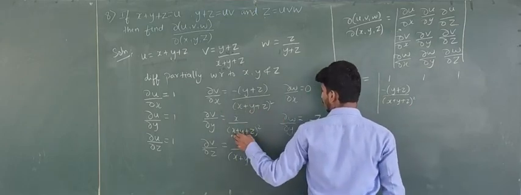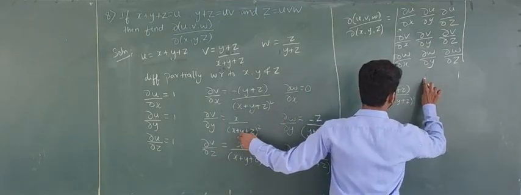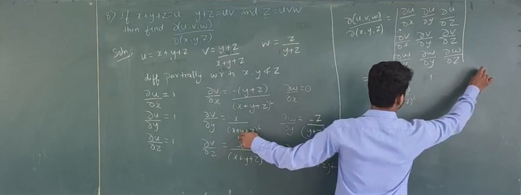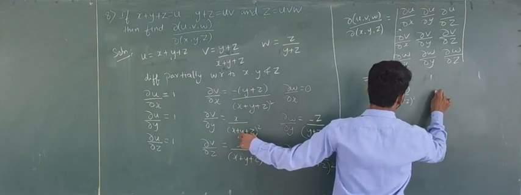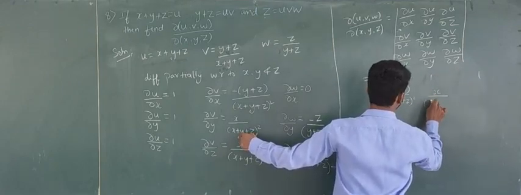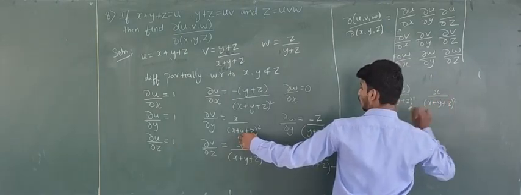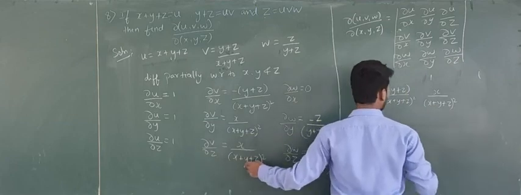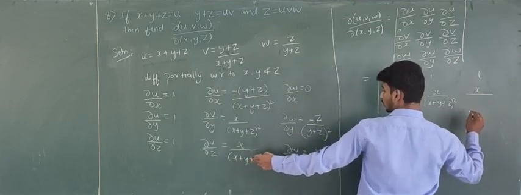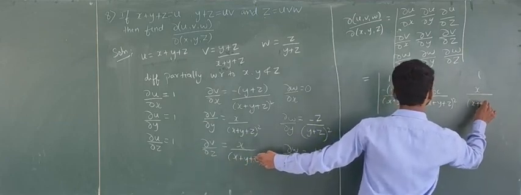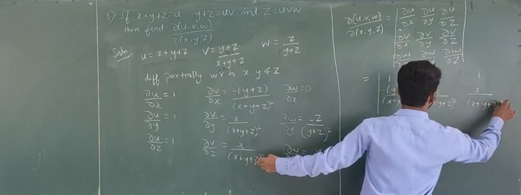Next, dou v by dou y value is nothing but x divided by x plus y plus z whole square. Next, dou v by dou z is nothing but x divided by x plus y plus z whole square.